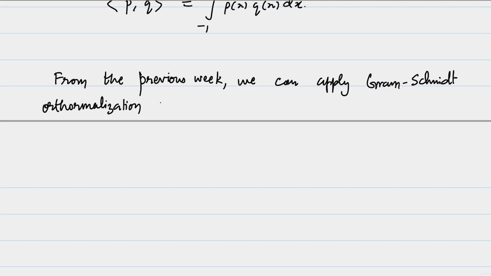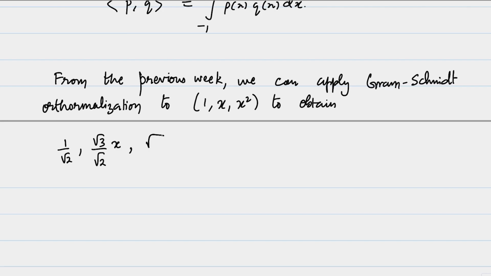We will be applying the Gram-Schmidt orthonormalization to the ordered basis 1, x, x square to obtain 1 by root 2, the first one, root 3 by root 2 times x, and the final one, which was not fully calculated but nevertheless left as an exercise, this was root 45 by root 8 times x square minus 1 by 3.